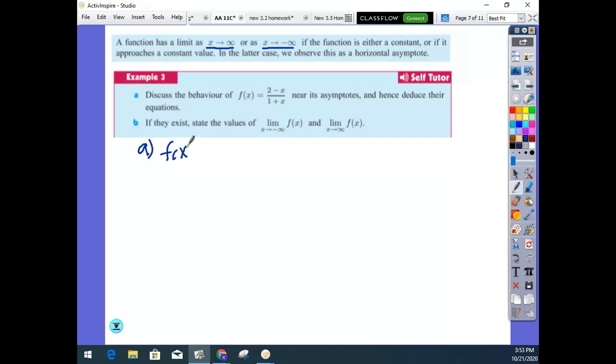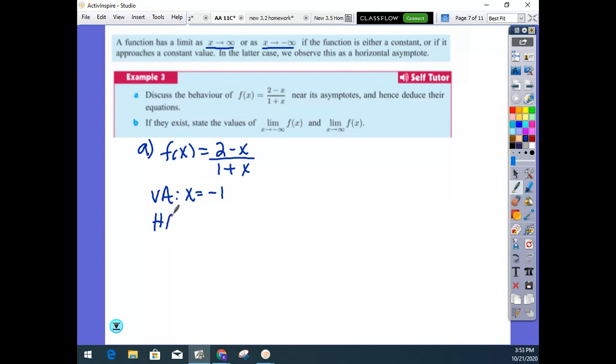If f of x equals 2 minus x over 1 plus x, it's helpful to actually graph the equation first, which is why we did some practice problems earlier. We have a vertical asymptote of x equals -1 because that creates a 0 in the denominator.